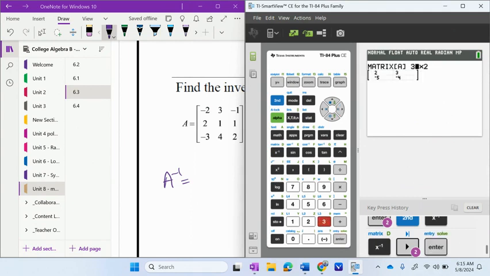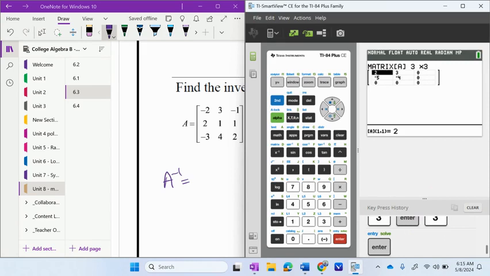We're going to make this a 3 by 3. So I'm just going to enter the data, so -2, 3, -2, enter. And then 3, well, that stays the same. Then -1.